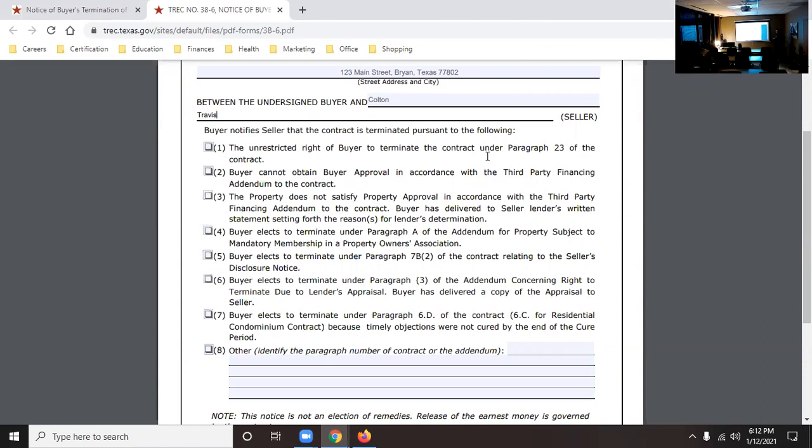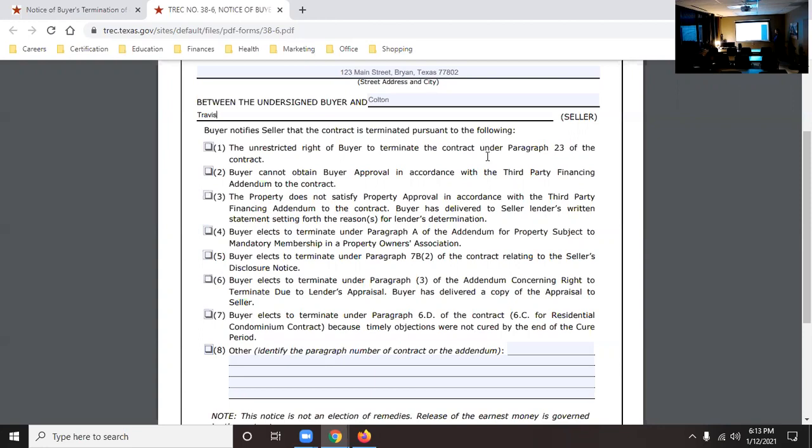If they find out that there are wood destroying insects in the property, termites or whatever, and nobody is agreeing to fix those issues, then the lender may state that the home is not approvable. I know it's a new word, but approvable, or approved by the lender. And since they cannot approve the loan, you now have to give the notice and you can terminate. Okay.